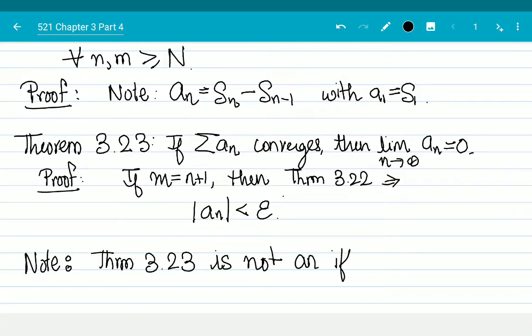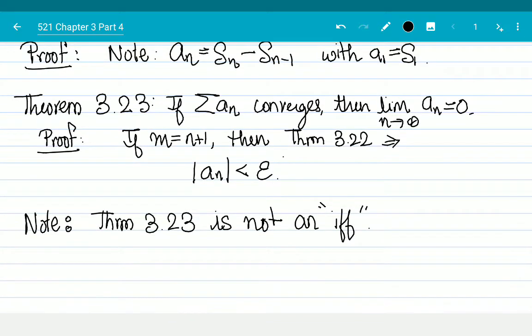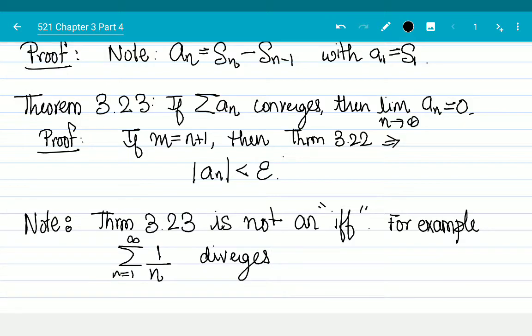For example, summation 1 over n, n is equal to 1 to infinity, diverges, even though the limit as n goes to infinity of 1 over n is equal to 0.